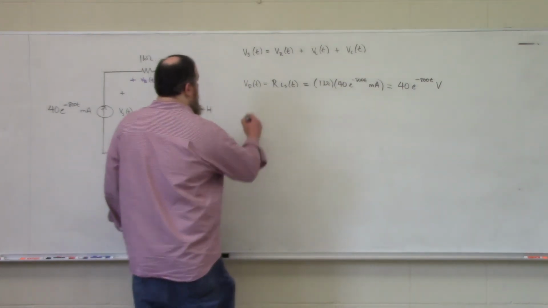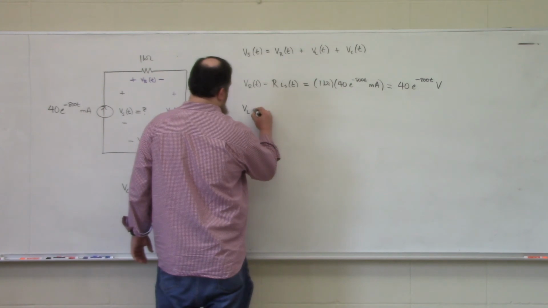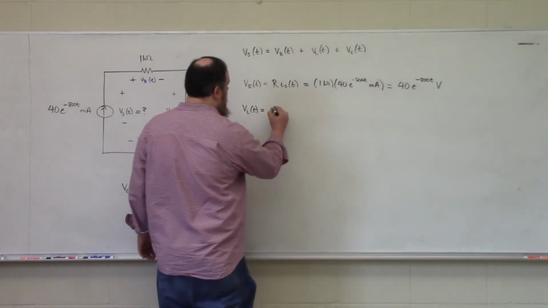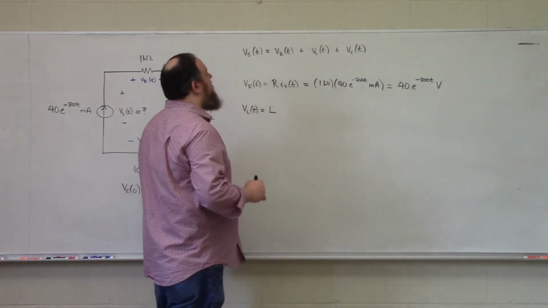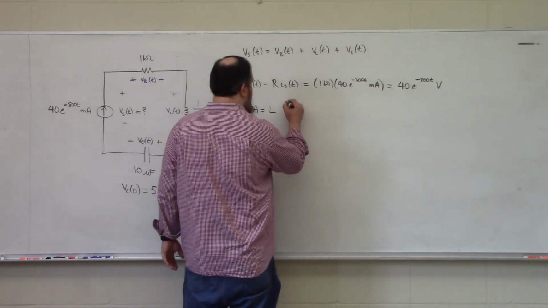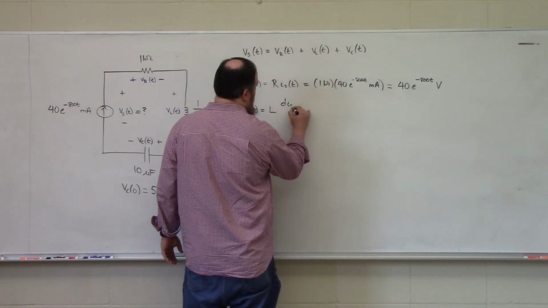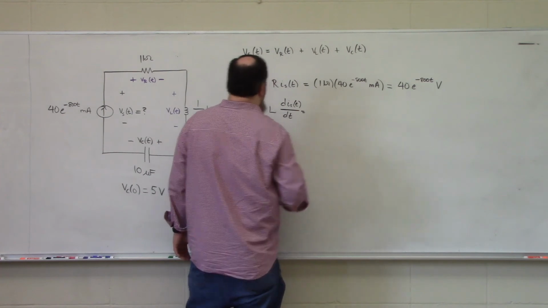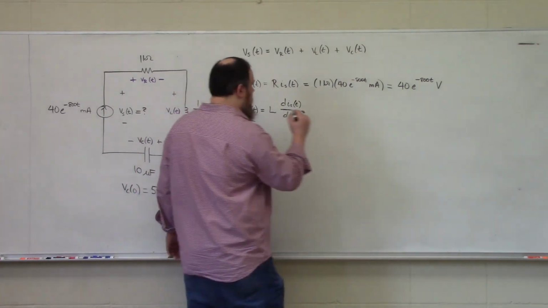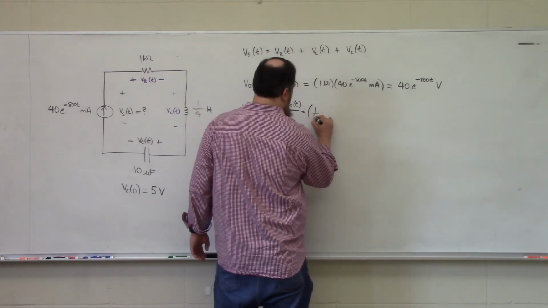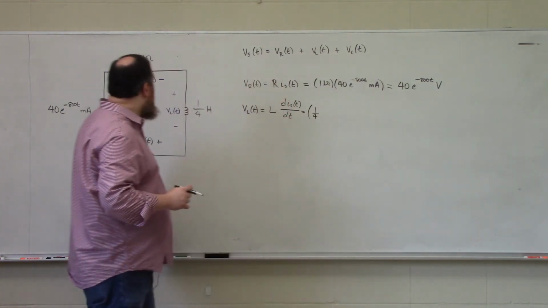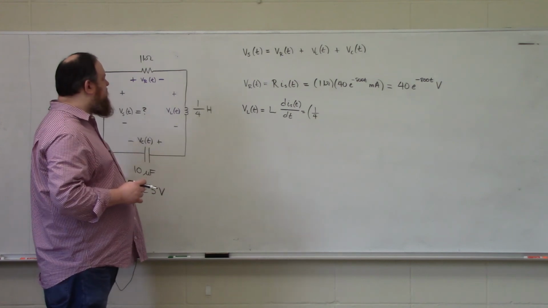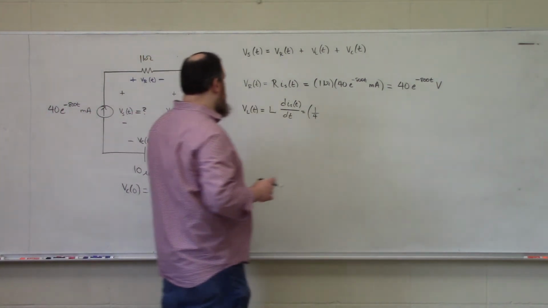For our inductor voltage, VL of t will be L times the derivative of the inductor current, which in this case is Is of t as well. So L is 1/4 of a Henry, where a Henry is a volt second per ampere.